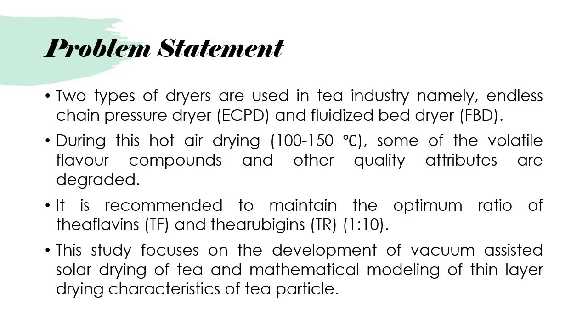Also, in the meantime, quality degradation due to high temperature has to be controlled. Drying is a very energy-intensive unit operation, which must be controlled carefully in order to minimize the energy consumption.